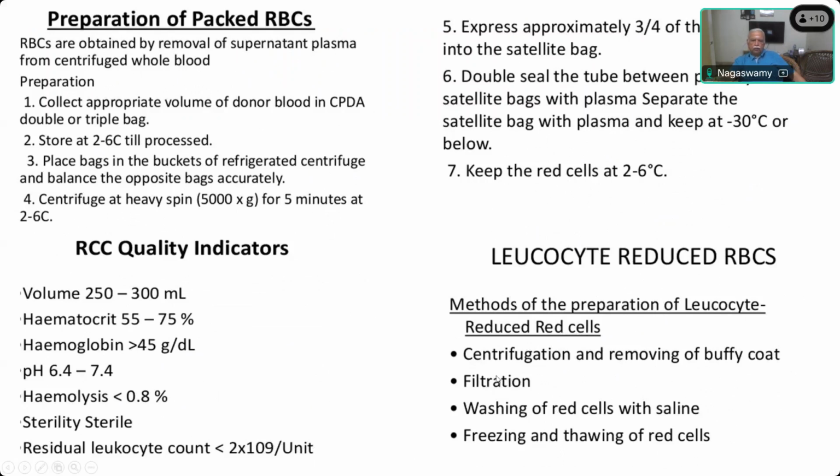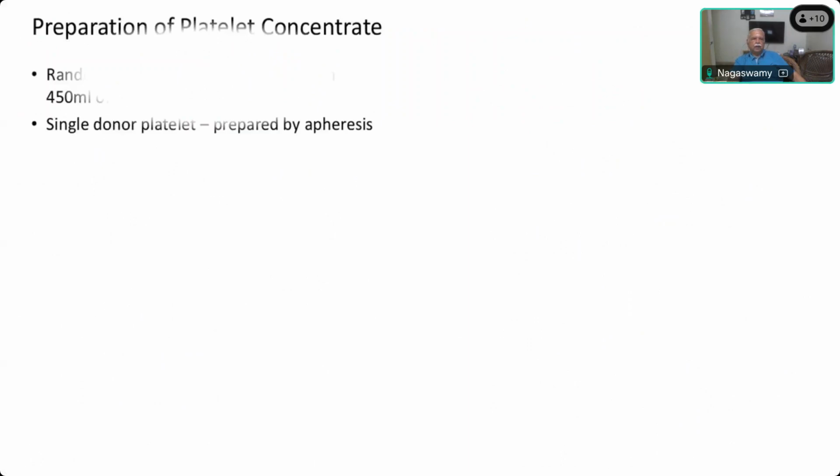Then you do filtration, then wash the red cells with saline, and freezing and thawing of the red cells is done. So a leukocyte reduced RBC is much more frozen, and so it needs thawing before you use it, which is not like the regular PRBCs which you are using.